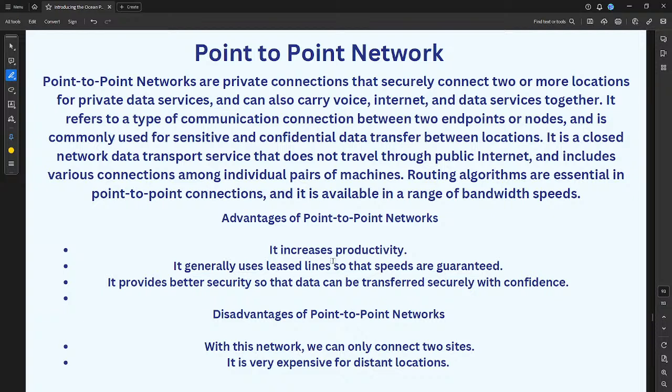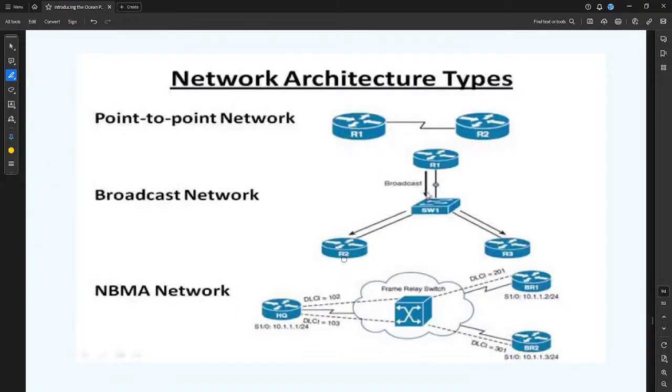Now, what this does is, it increases productivity, because data is just being transferred. It's not public, it's not broadcasted. It's just a point-to-point type of connection. It provides better security. And of course, the downside is that with this network we can only connect two sites, because it has to be point to point, and it's very expensive for distant locations.